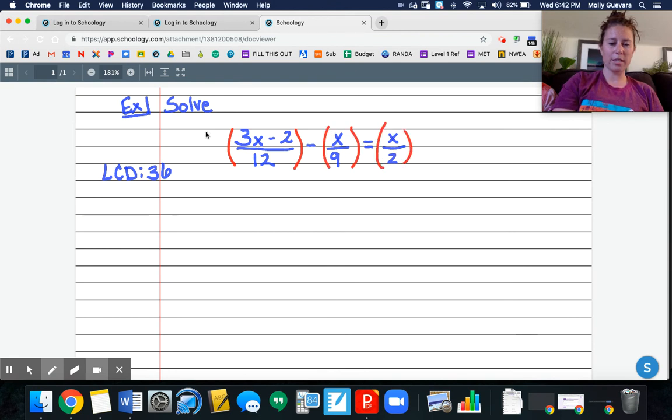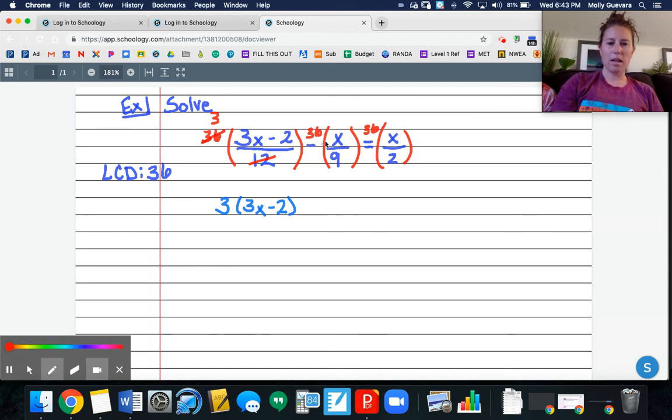which means I'm multiplying every single term by 36. It's hard to write that small, but those are 36s, okay? So then I'm just going to go through 36 over 12. So 36 divided by 12, the 12 cancels, and this becomes a 3. That gets me 3 times my 3x minus 2.